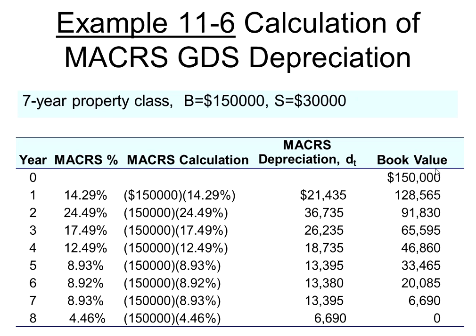So we start with a book value of 150,000, and then we subtract this to get the new book value. This is the book value at year 1, and then we subtract this from here to get the book value at year 2, and we subtract this from here to get book value at year 3, and then we subtract this from book value at year 3 to get the book value at year 4.